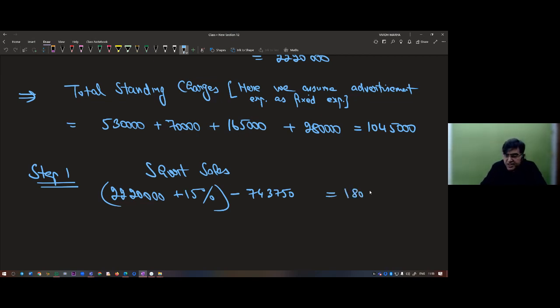This is 18 lakh 9,250. This is called short sales.